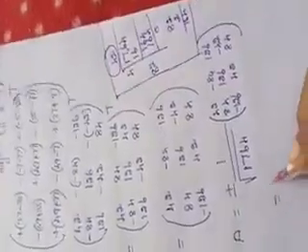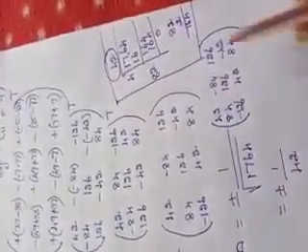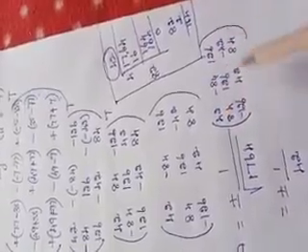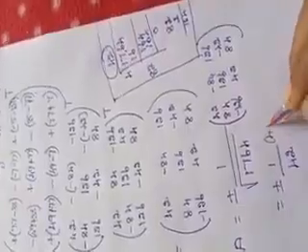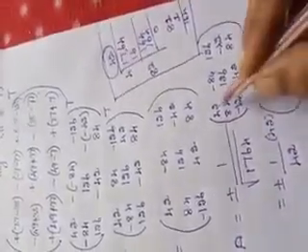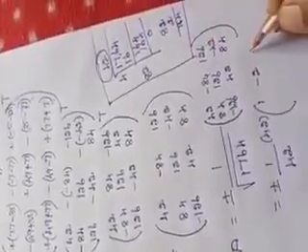So plus or minus 1 by 42. See here, these are all multiples of 42. So shall we take 42 outside? When we take 42 outside, here 1, minus 2, 42 into 3 is 126.